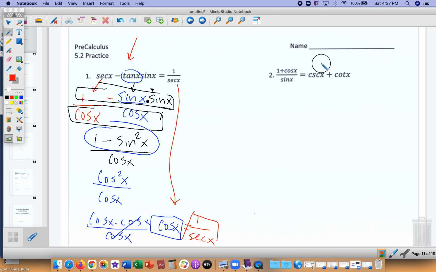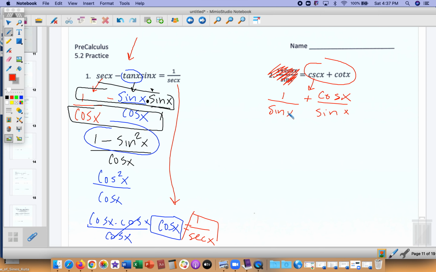I'm going to start with the right-hand side. I'm going to play around with sine and cosine. I am going to not look at the left side, but in the end, I want my result to look like the left side. So I'm going to cross this off so I don't get confused. Cosecant is the same as 1 over sine of x. Cotan is cos x over sine x.